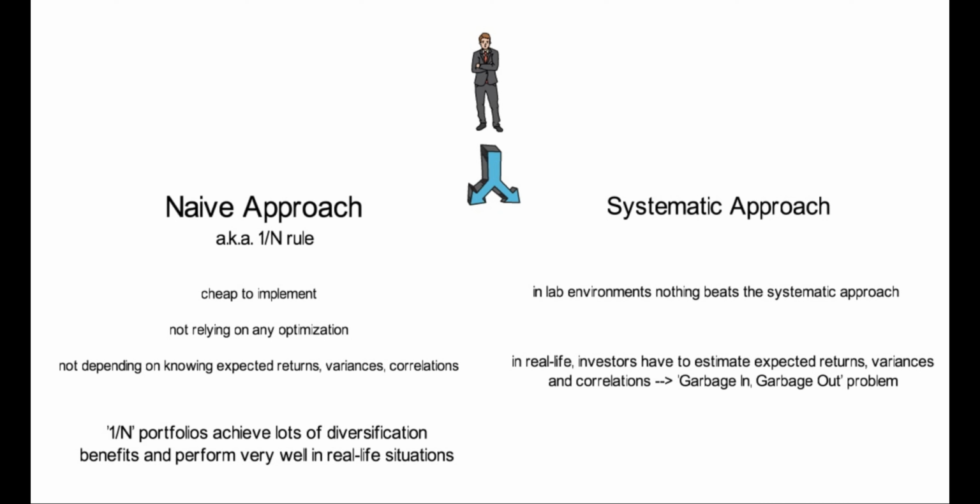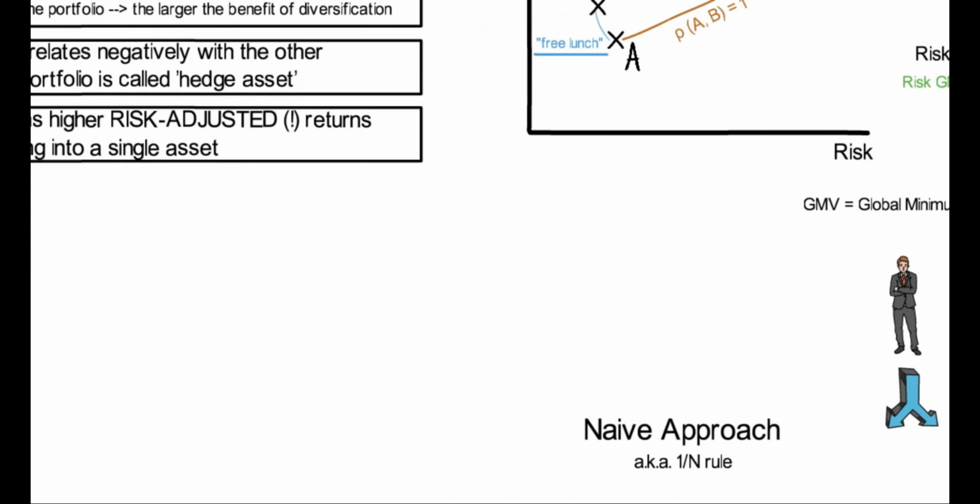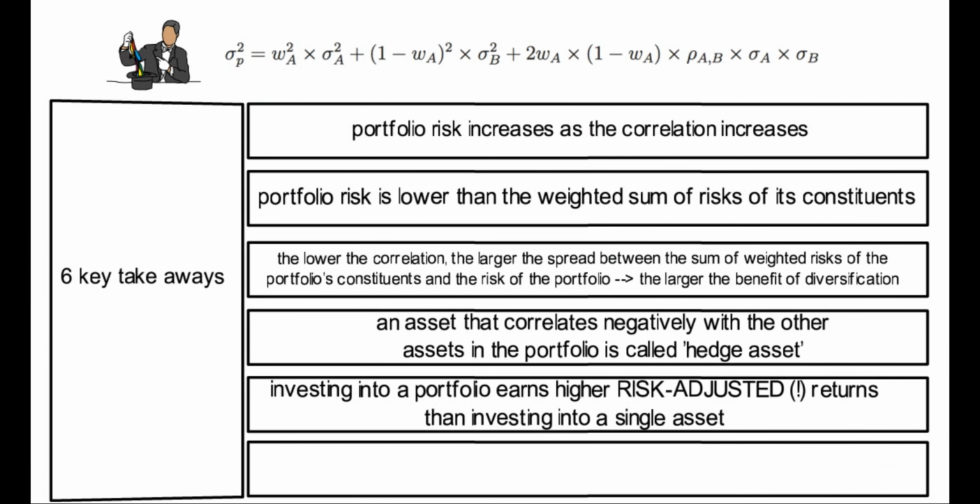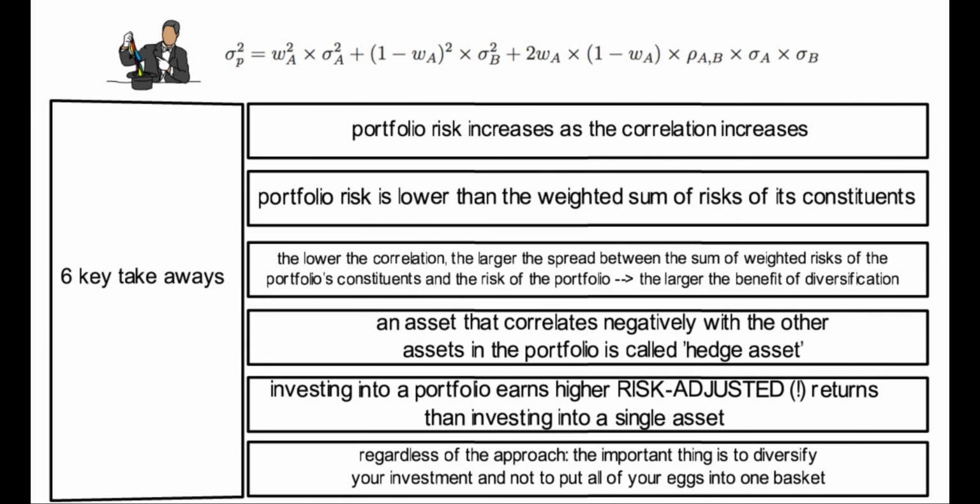Now here are my final words for that video. Regardless of whether you follow a systematic or a naive diversification with a few or with many assets, the important thing is that you diversify your investments and that you don't put all of your eggs into one basket.